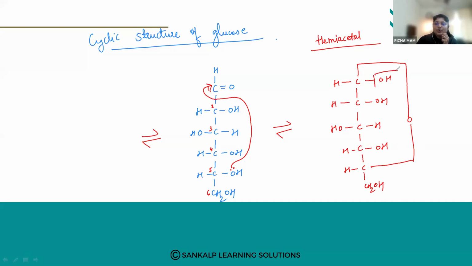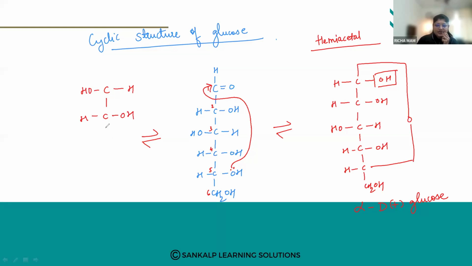Now here you can see OH is on the right hand side. So it is alpha D plus glucose. Now here if the OH attacks from this side, it can be on the right hand side or on the left hand side. So this is the another structure.